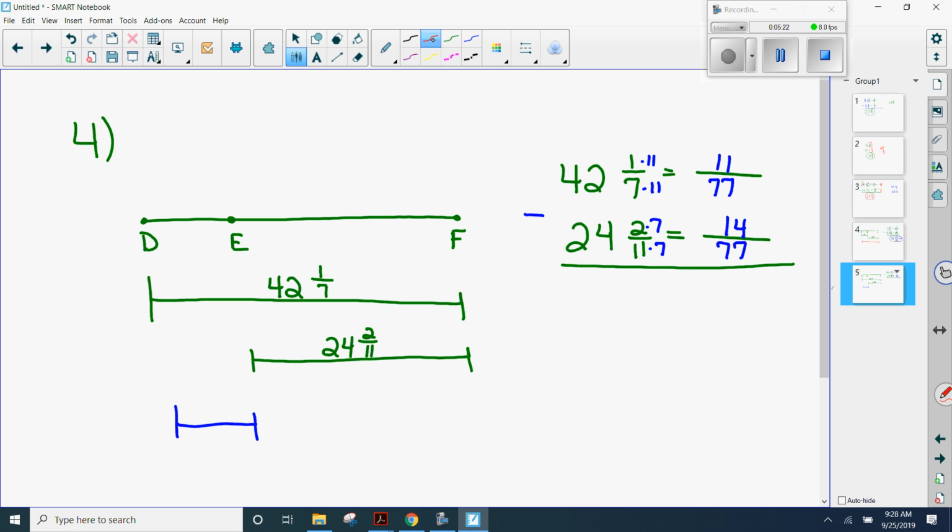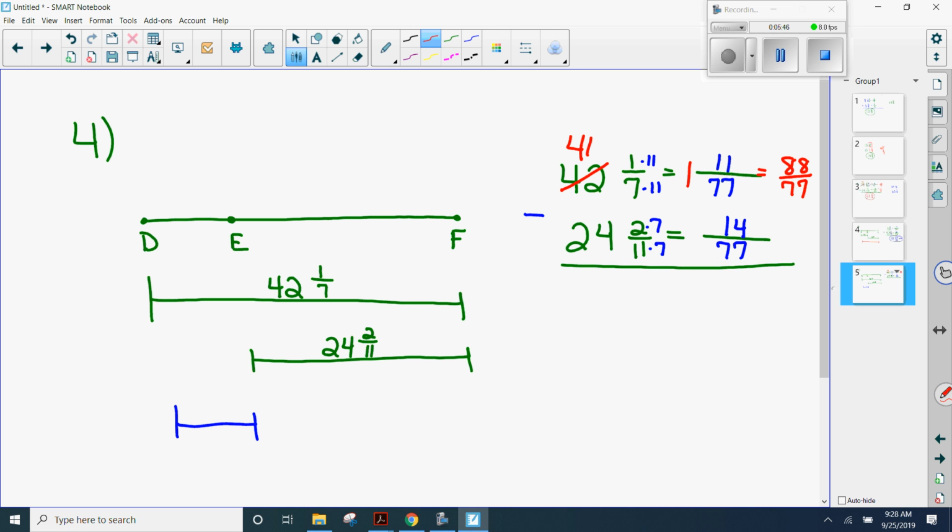Can I take 11 minus 14? No, so we have to borrow. So 42 becomes 41. And I bring over 1 whole. What is 1 and 11/7 as an improper fraction? Add these two together and you get 88 over 77.